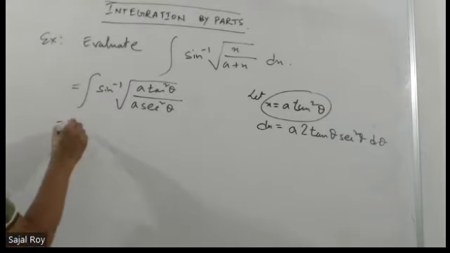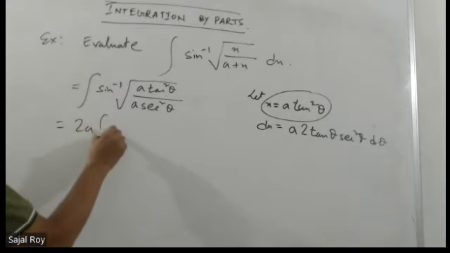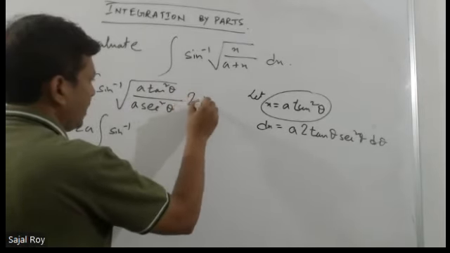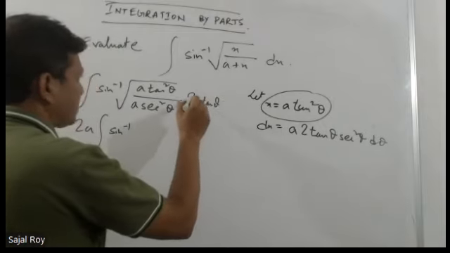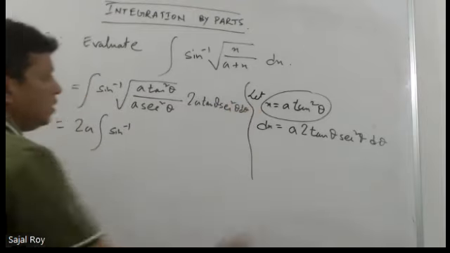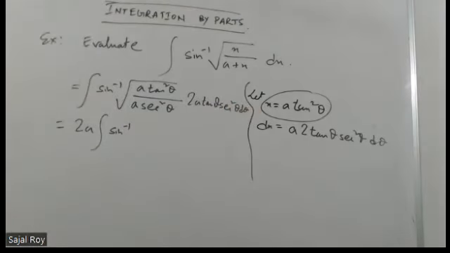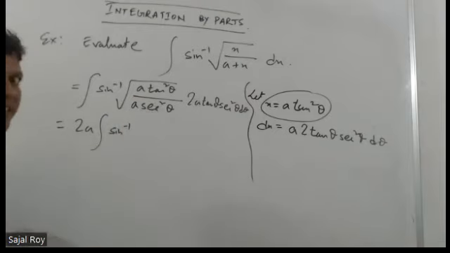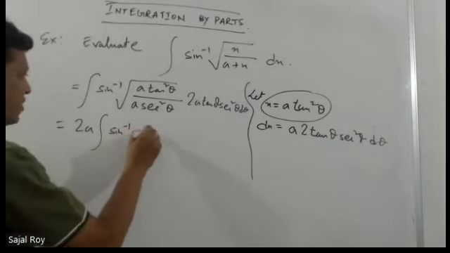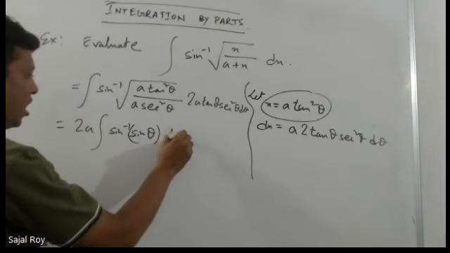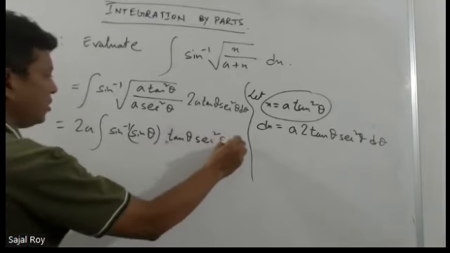Replacing your dx also. So this tan square by sec square is sin square theta, a got cancelled, and sin inverse of sin theta is theta, into tan theta sec square theta d theta.